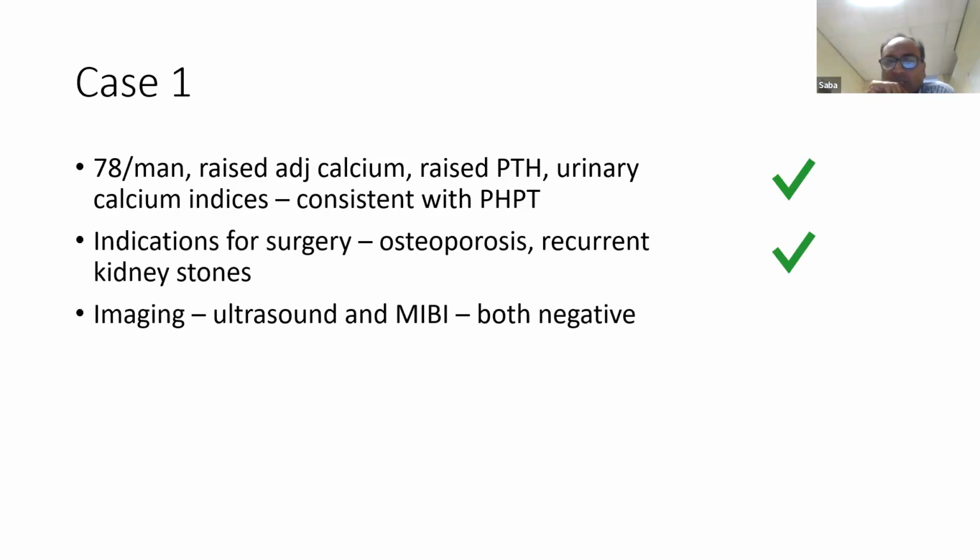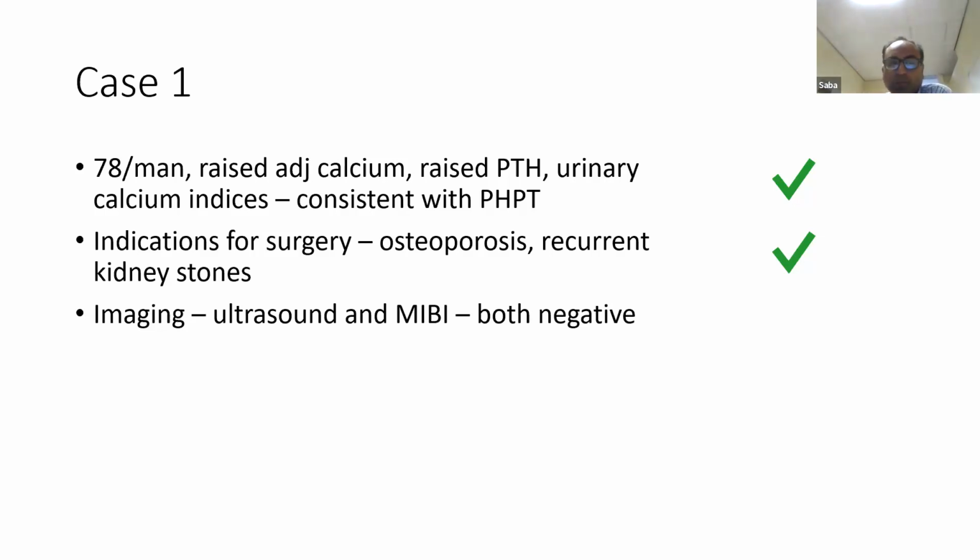An ultrasound scan and a MIBI scan were done, and that's our usual practice. We get both of them requested at the first visit, or the endocrinologist does it for us. They're both negative. So in patients with negative scans, we proceed to a neck exploration. We don't, in first-time surgery, do further scans, such as a 4D CT and choline PET.